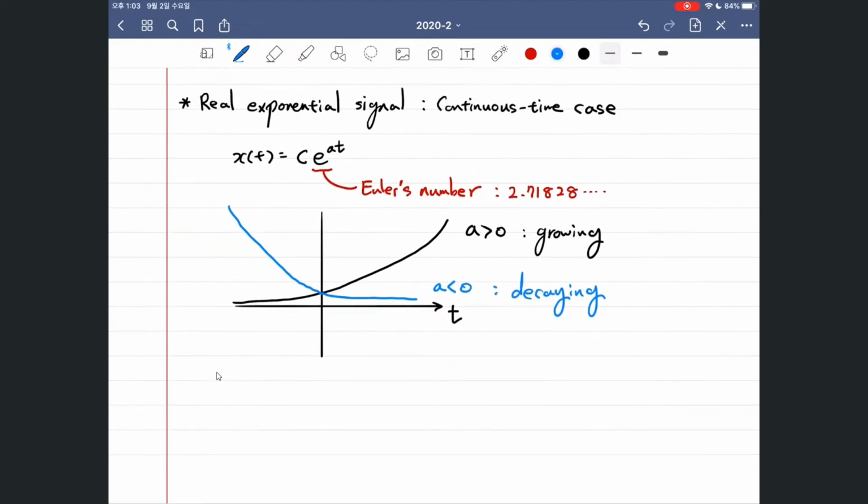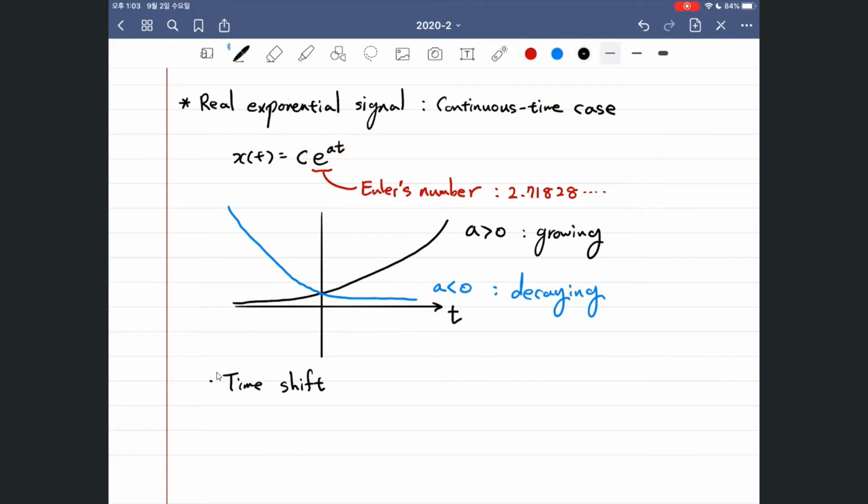If we examine the time shift as we did in the sinusoidal signal, we can modify the previous equation by putting t plus t0 in place of t.